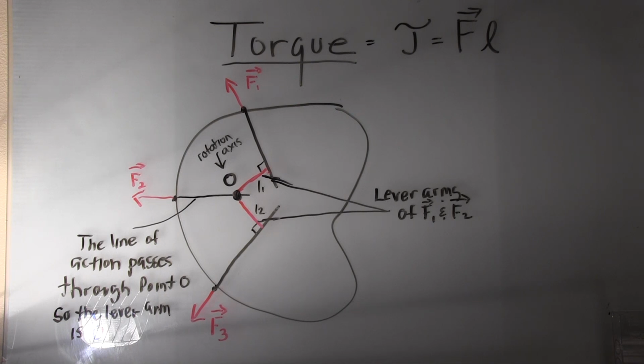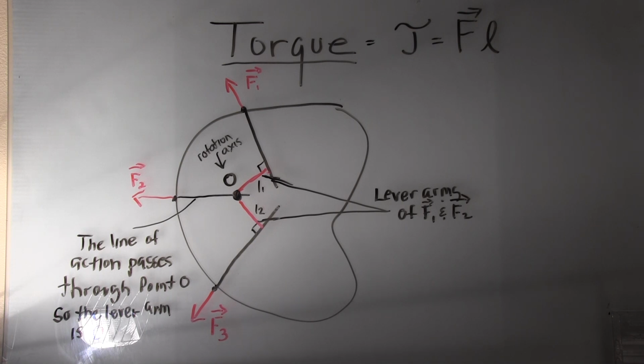The tendency of the first of these forces, F1, to cause a rotation about O depends on its magnitude. It also depends on the perpendicular distance, L1, between point O and the line of action of F1.